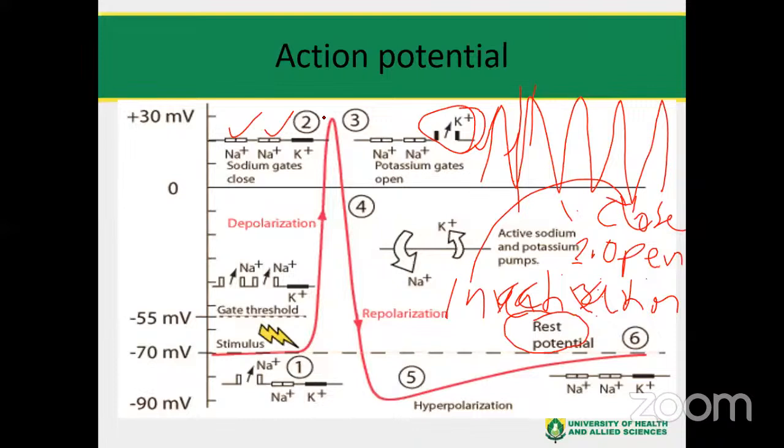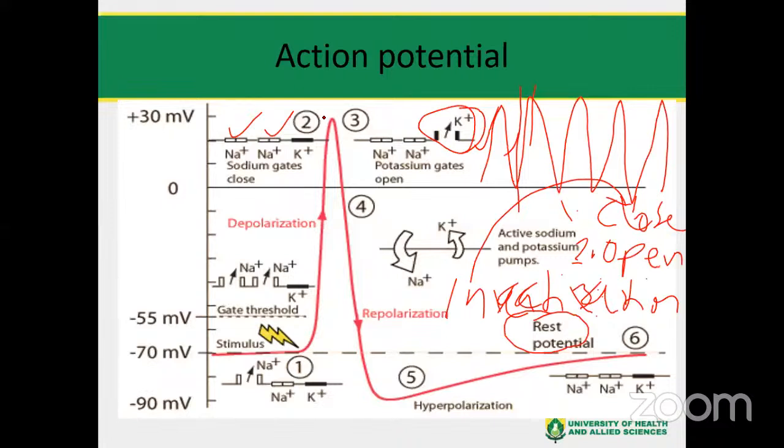So what happens to the potassium that is being closed? You mean the potassium that has moved into the cell? Like number 1, for instance, you said the sodium ions will move, but the potassium gate will close.